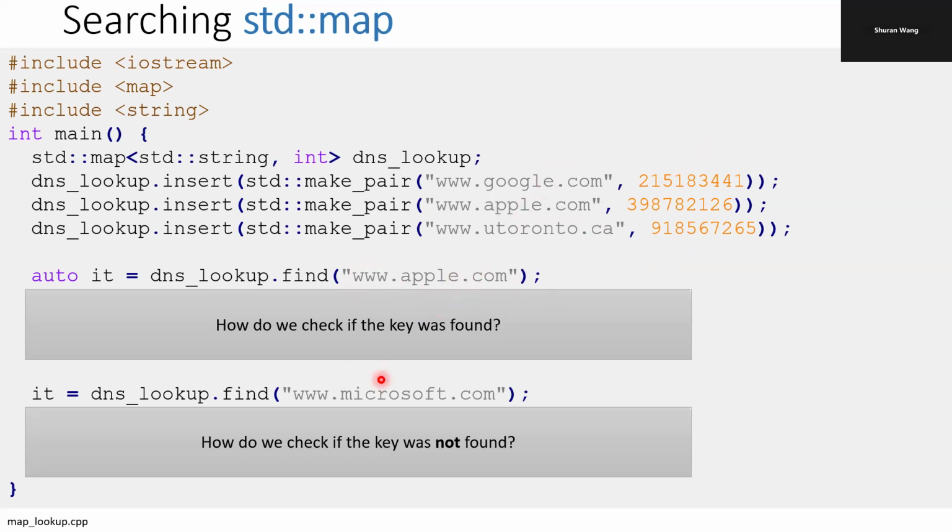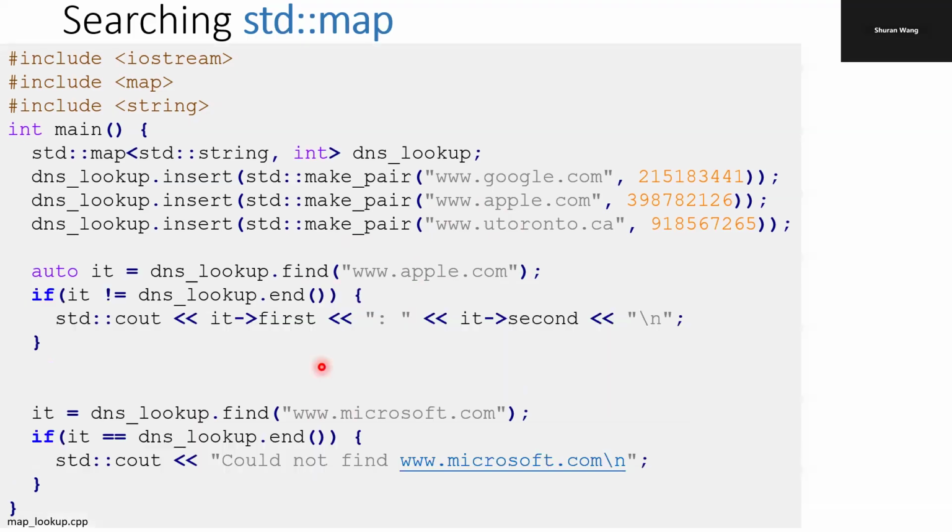How do we check if the key was found? This .find function will return an iterator to wherever this key is stored. And the iterator is an iterator to the pair object. If it cannot find something, it will return the iterator dnslookup.end. So if we want to check if the key was found, we just need to check whether the returned iterator is dnslookup.end.